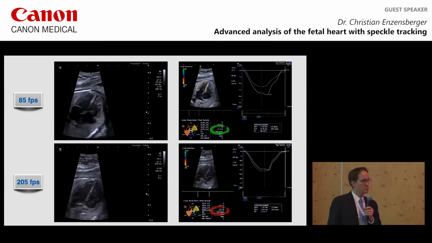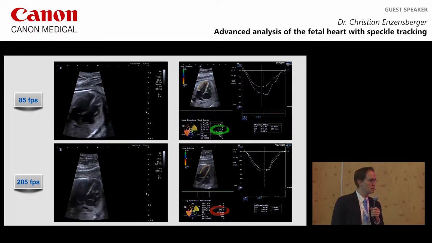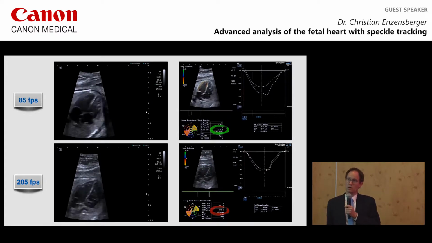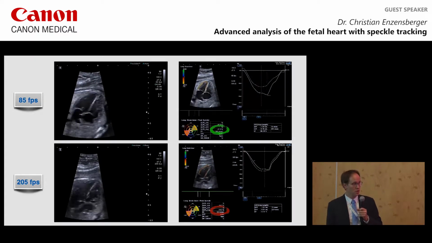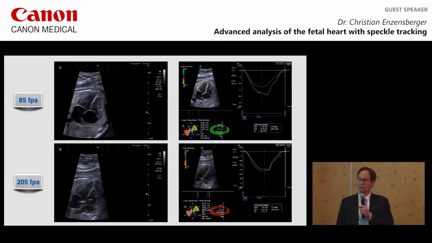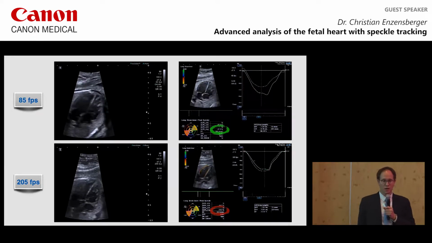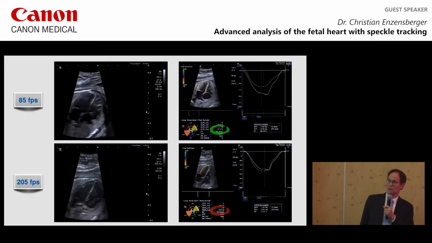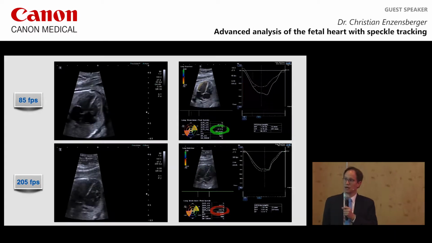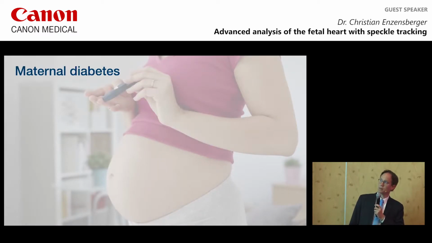Even if someone says there is no difference, there is a difference, because when you think about higher frame rates, this analysis is based on vectors, and with higher frame rates, your vectors will get smaller, and at the end, the global longitudinal strain values will rise. So just to keep in mind that when we are comparing these values, we have to look at the frame rates.